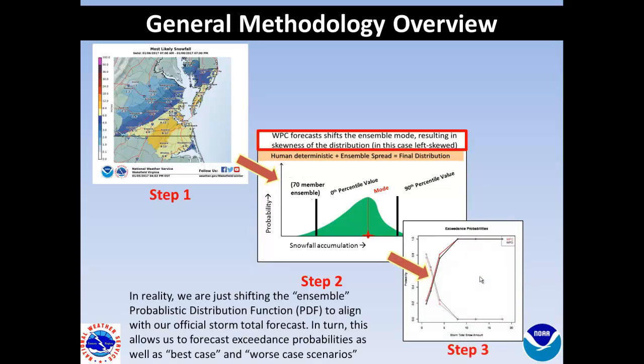And so our expected forecast actually adjusts and sets the mode of the statistical distribution. This kind of redefines what we call the probabilistic distribution function. So basically what happens is that statistically we look at a wide range and host of different possible snow outcomes across the region.